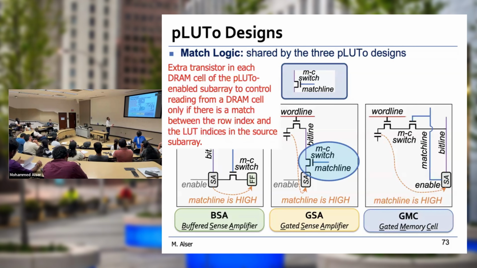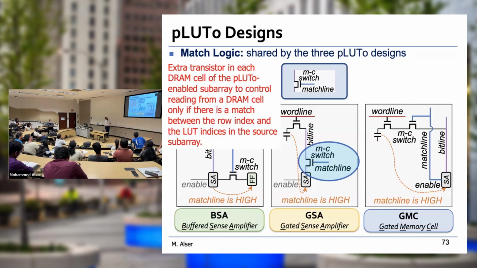Another possibility to do so is the third design. So now we have the capacitor over there, but we have something weird. We want to ignore the bit line totally. We don't want to connect the bit line, except in one case where the match logic is telling me this is a useful memory value in the cell.